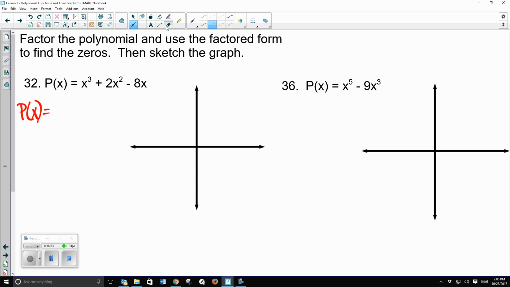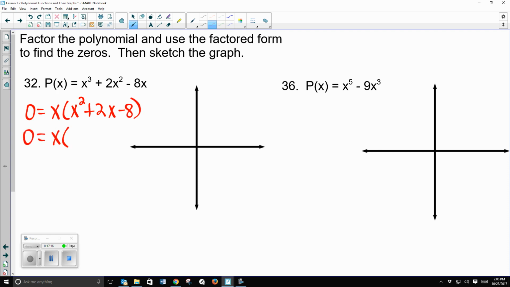What we want to do is set that equal to 0 to find the x-intercepts. So 0 is equal to, we're going to factor this. We need it to be completely factored. We can factor out an x, right? And we're left with x squared plus 2x minus 8.